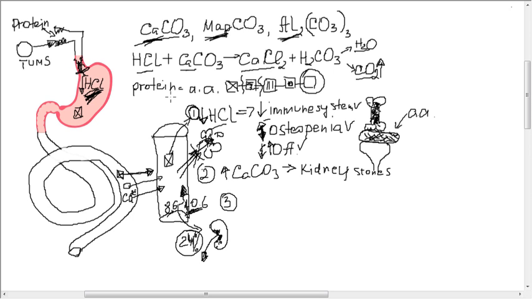Suppose you are taking antacids that have magnesium, magnesium carbonate, MgCO3. Magnesium is actually a laxative, and I recommend patients take magnesium from time to time if they have constipation. How does magnesium work?